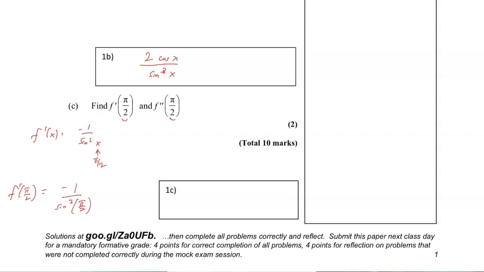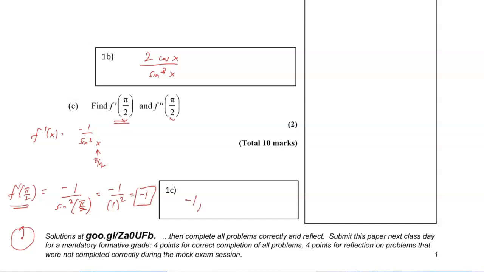And pi over 2, remember, is 90 degrees. Sine of 90 degrees on the unit circle is this position here. So the y-coordinate of this position here is +1. So basically I have -1 over +1 squared, which is just 1 on the bottom. So the whole thing is equal to -1. So the first derivative with pi over 2 substituted in is just -1.